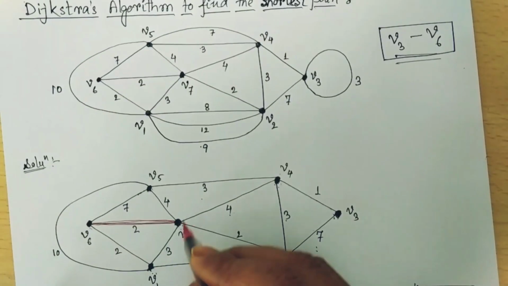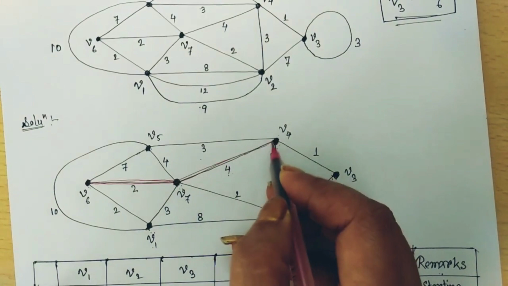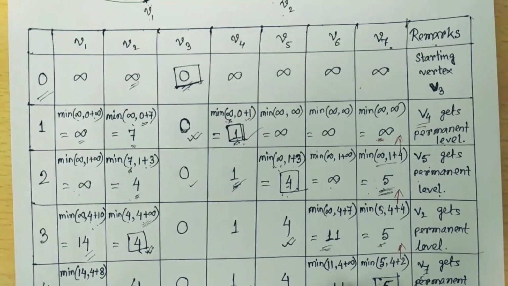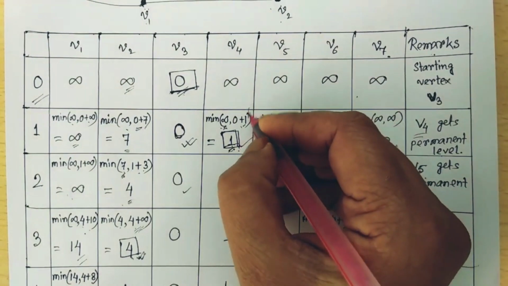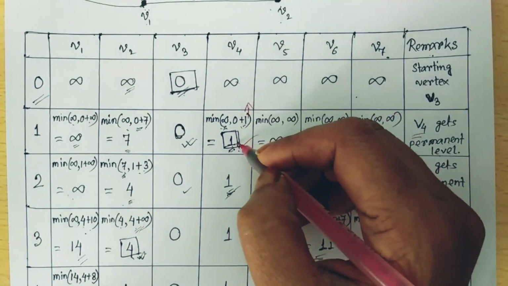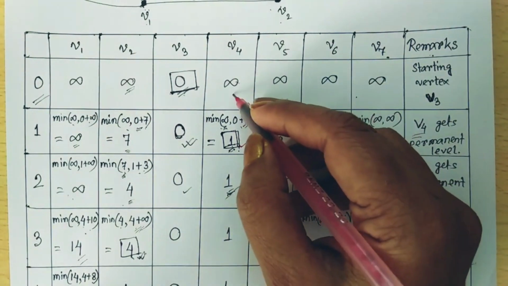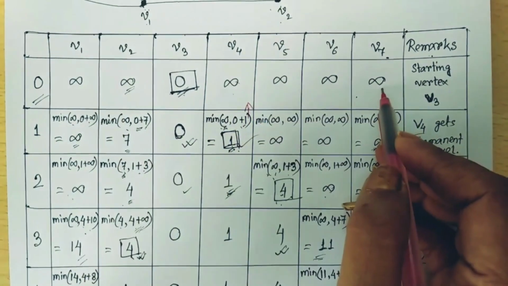That means from V7 we should traverse back to V4. After V4, now your cursor should come to V4, and after V4 we again go upward and compare these two leveling values. If these two are different, we find which vertex gets the permanent level at this stage. Here it is V3.